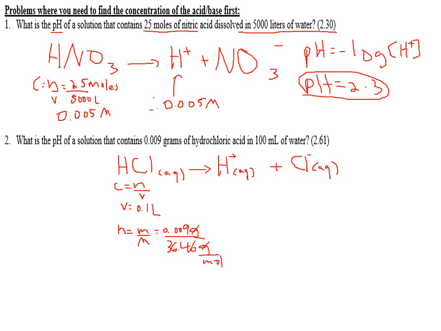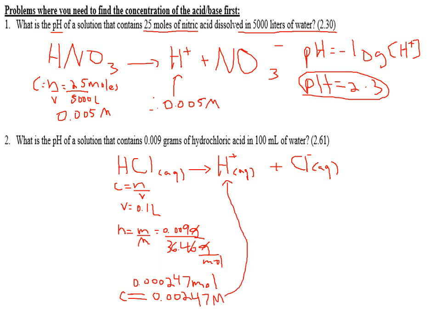Cross grams out, and you get 0.000247 moles. And then we can divide by our volume to get our concentration. So C is equal to n over V, so divided by 0.1, and we get 0.00247 moles per liter. That's going to be the concentration of the H plus.